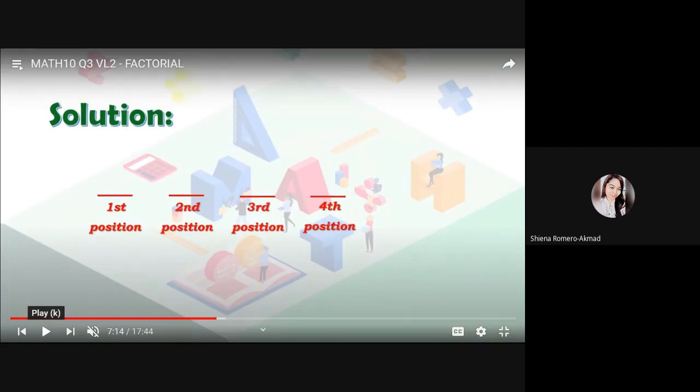Sa unang posisyon, ilang tao ba yung pinagpilian natin? 4 po. Kung namili tayo ng isa, ilan na lang yung choices natin? 3 po. Then? 2, 1.